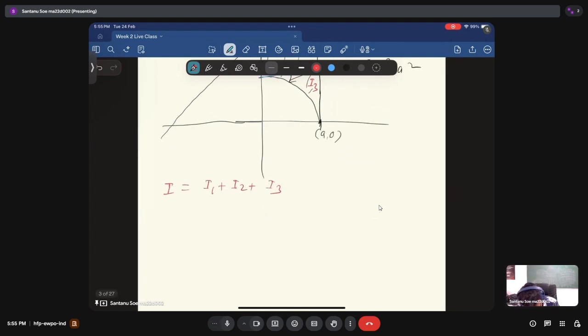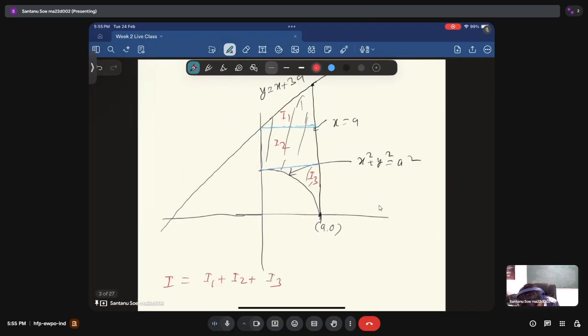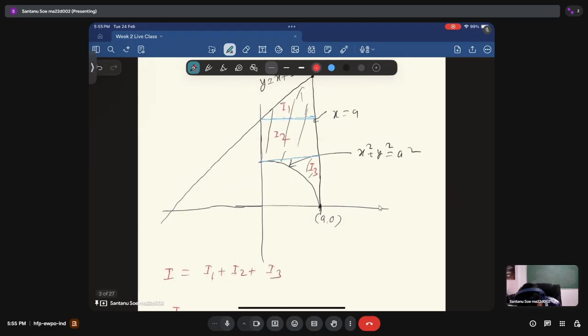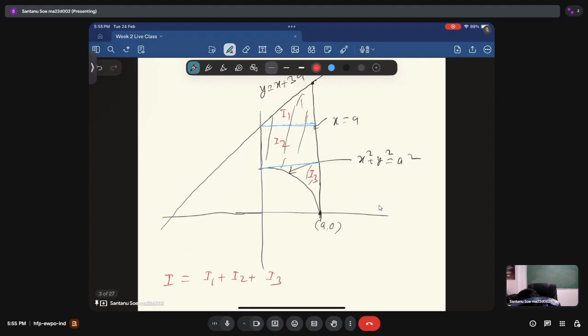Correct. So first try to see in I3. So what is I3? I3 has this region, correct? This region. So here, if you take a strip like this, it's touching the circle, which is x square plus y square equals to a square, and the straight line x equals to a. Correct.